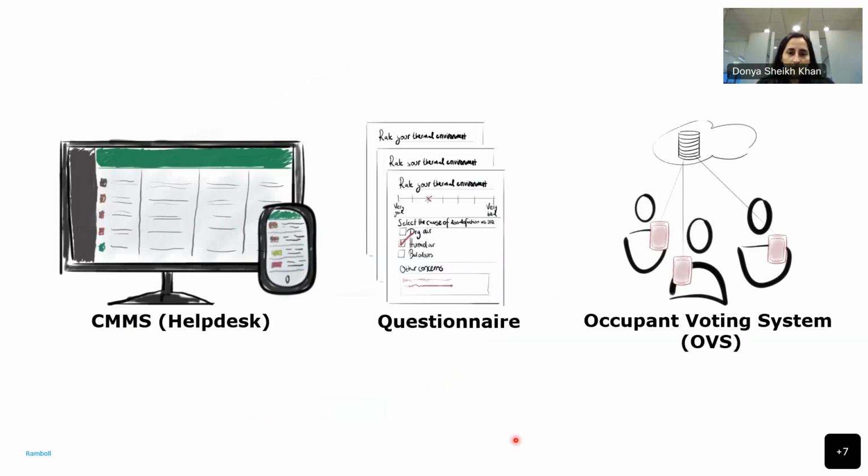And there are different methods that we can use for getting this type of occupant feedback. Typically in larger office buildings with established facility management systems, there is a so-called computer maintenance management system, also called the help desk, where an occupant can create a log or ticket about issues in the building.